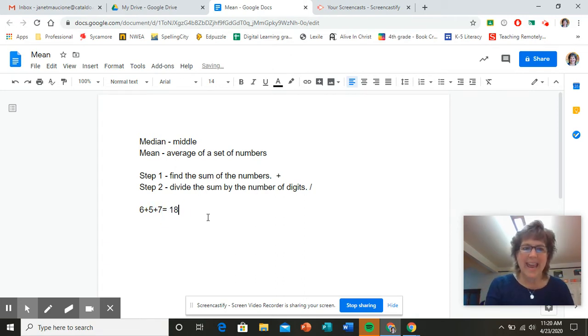Okay, so I'm going to take that number and divide it by the number of digits that I have. So I have 1, 2, 3. So I go 18 divided by 3. What is 3 times what equals 18? My mean then is 6. Okay, so that's my answer for that problem.